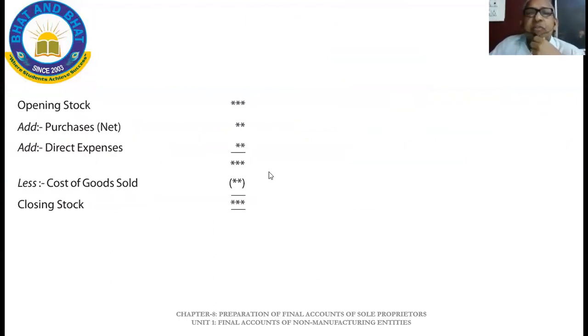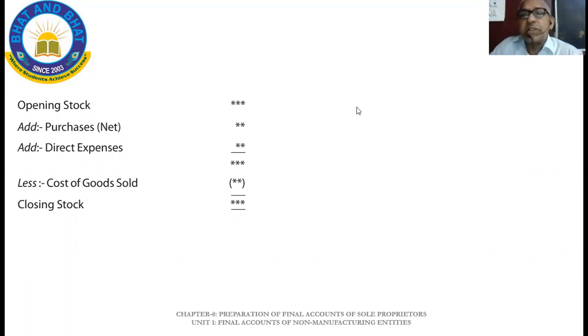This is a format of a trading account. On the, see, opening stock, added purchase price, then direct expenses, whatever it will be added. From there, cost of goods will be deducted. That will give you closing stock.